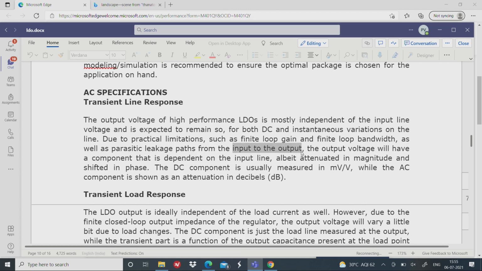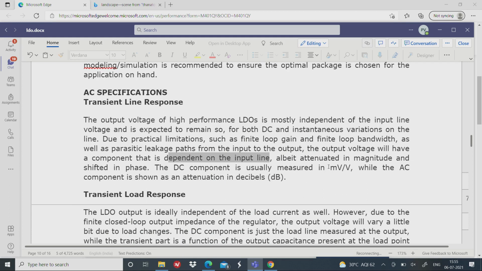There are leakages between the two, and therefore the output voltage will have a component that is dependent on the input line. See, these are things which are not obvious; you have to read between the lines to actually say, hey, how can the output be influenced by the input? Yes, indeed, loop gain, loop bandwidth, parasitics leaking from the input to the output can have an influence. So the input voltage will definitely have a performance hit at the output.